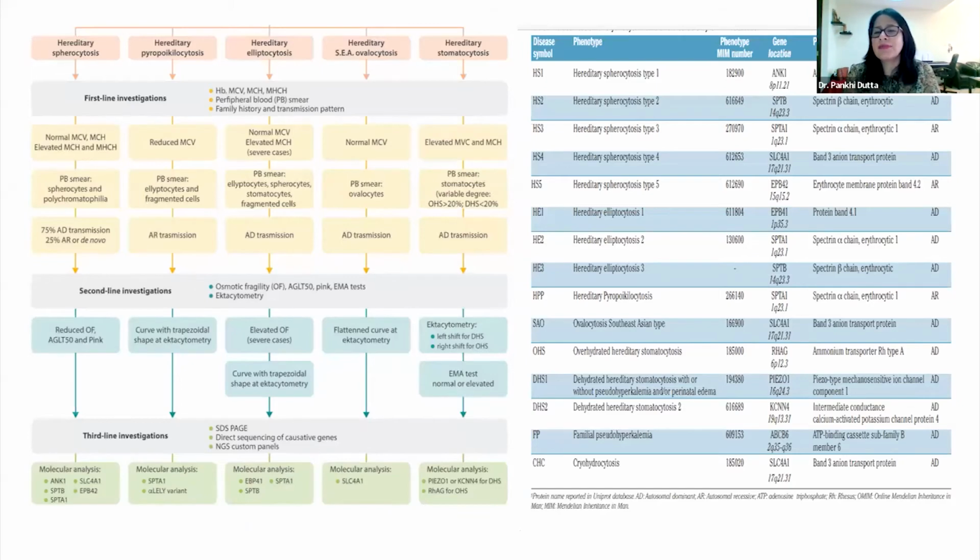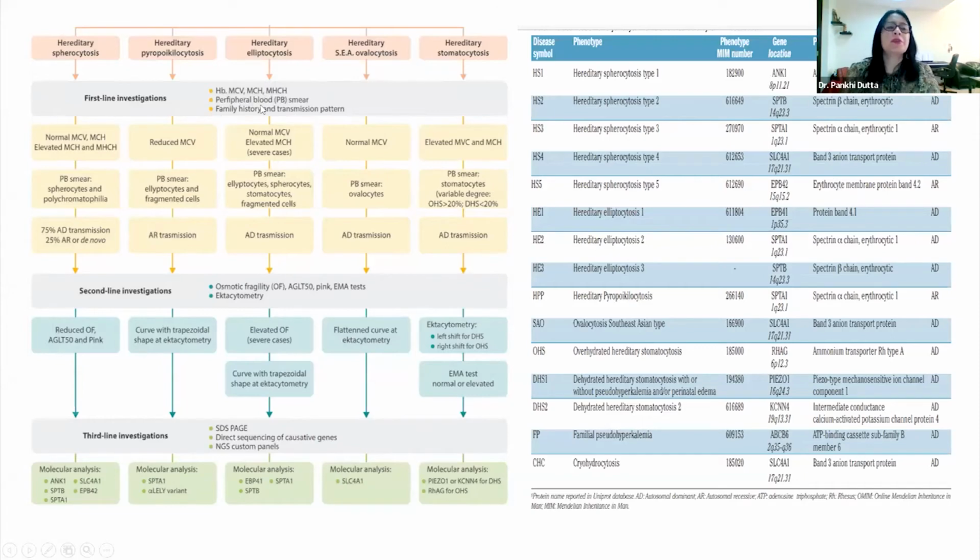This is just to let you know that now we have a whole long list of genes which we know properly. So when there's difficulty in coming to a diagnosis, and especially now that we have NGS, if somebody can look for multiple genes at the same time, and if we know about the genes, it's possible to go straight for genetic testing. Otherwise, for all these membrane disorders, the first line investigations are: family history with the transmission pattern, peripheral blood smear showing spherocytosis, and looking at the MCV, MCH.